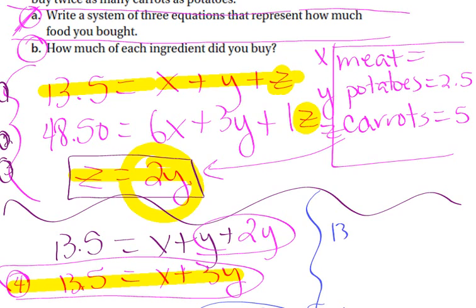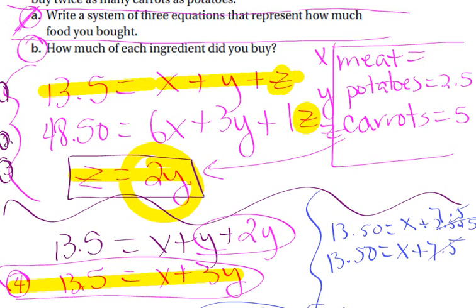So we have 13.50 equals x, which is our unknown, plus y, which is 2.5, plus z, which is 5. Well, 2.5 and 5 is just 7.5. Right? So now we have 13.50 equals x plus 7.5.